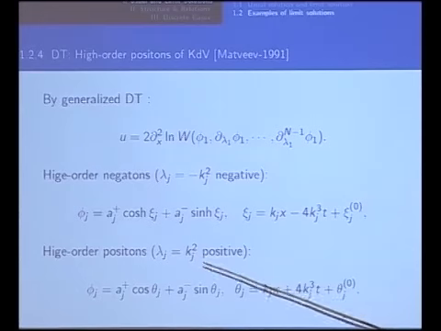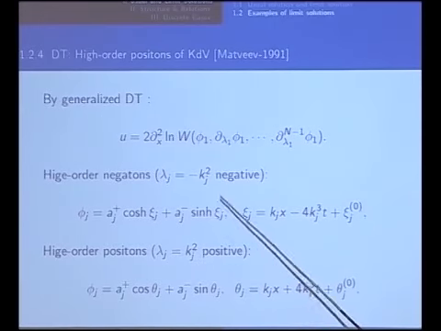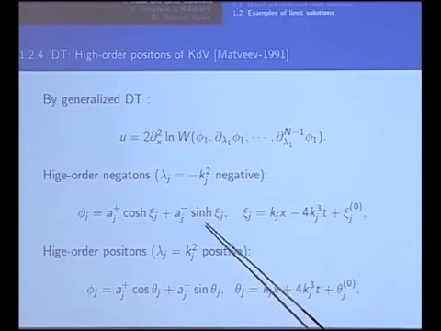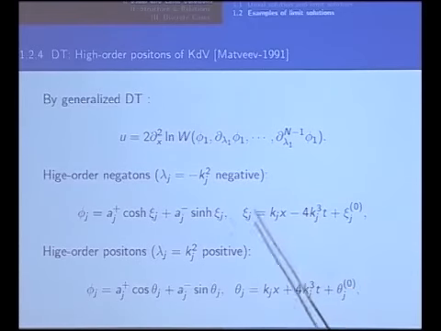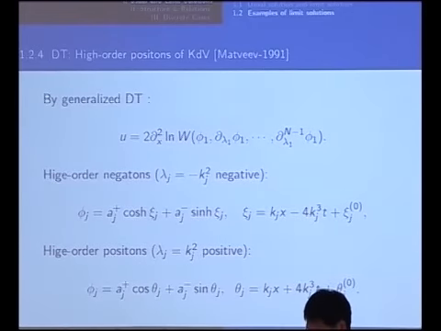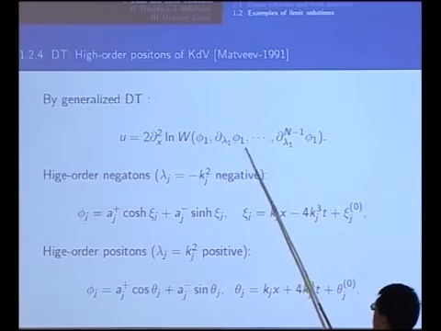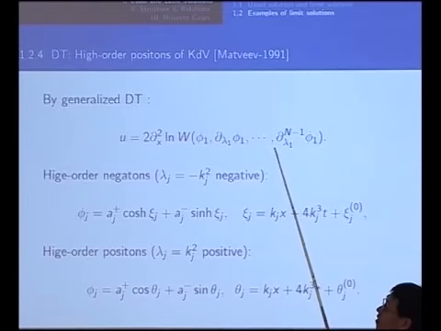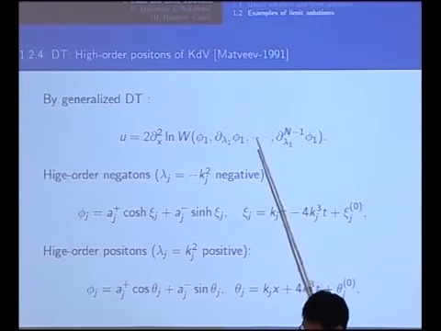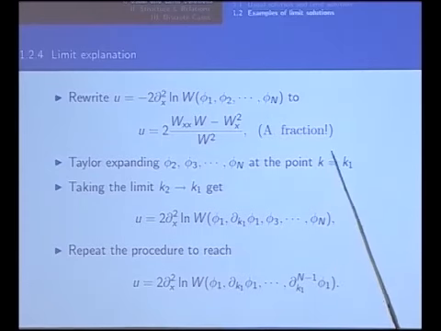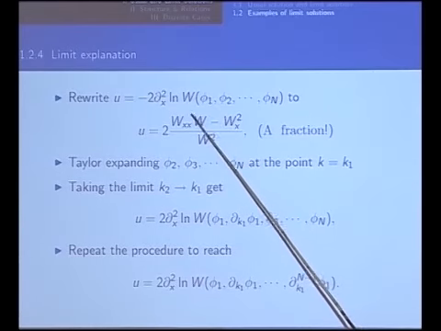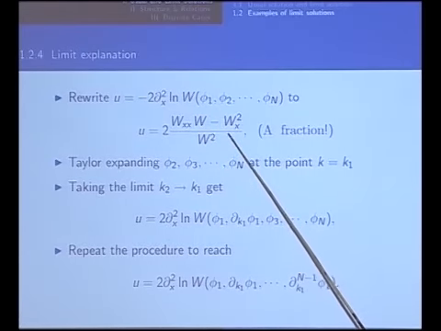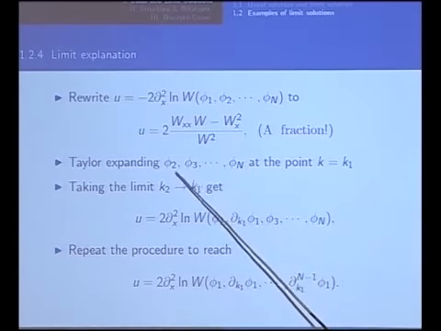A positon means that in the Lax pair, the stationary linear Schrödinger equation, lambda j is positive, and if it is negative, we get solitons, and in this case we call it higher order negatons. And in fact, this kind of solution can be considered a limit solution. And how do we get it in a limit way?